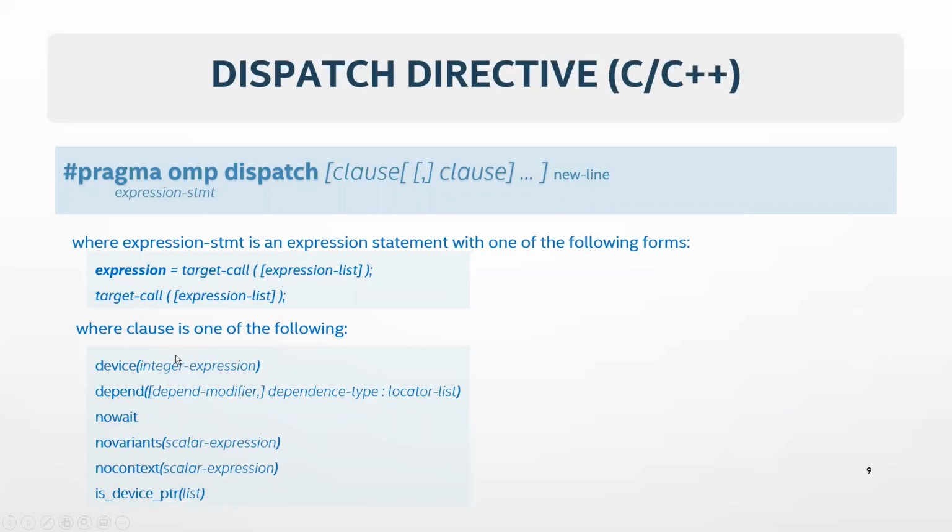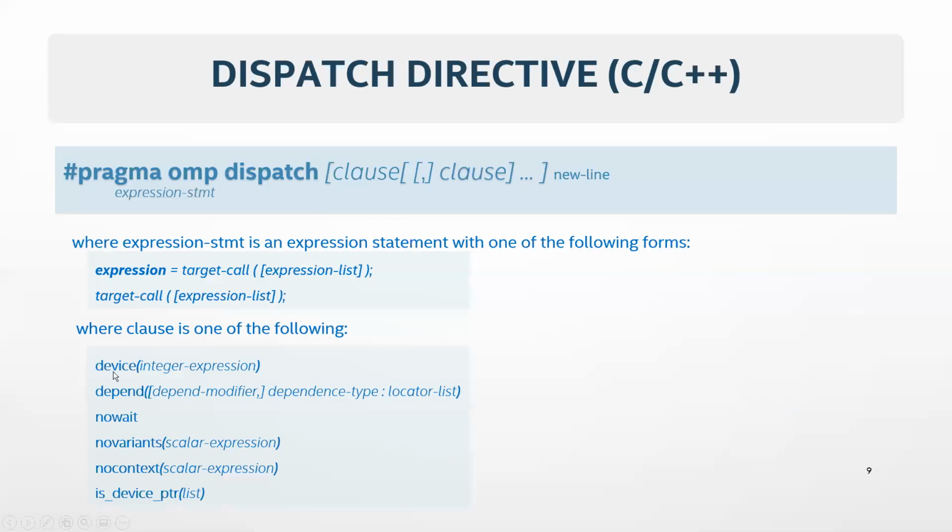And the clauses you can specify for this construct are device, depend, nowait, nocontext, novariant, and is_device_ptr. The device, depend, nowait, and is_device_ptr already existed in 5.2 on a target construct. The two new ones are novariant and nocontext.